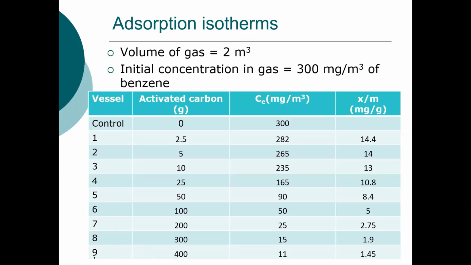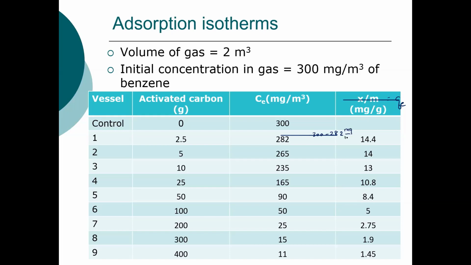So taking the data that we generated, we can then calculate what is known as X over M, or you'll see it also described as Q sub E. I apologize for the lines today. And we calculate that simply as the difference in the initial and the equilibrium concentrations.